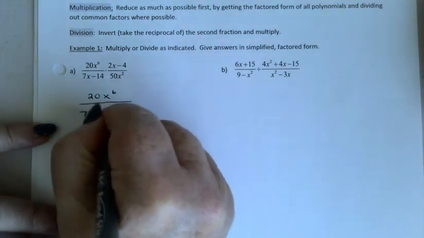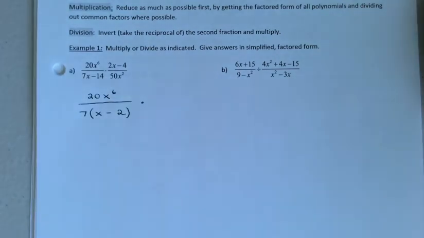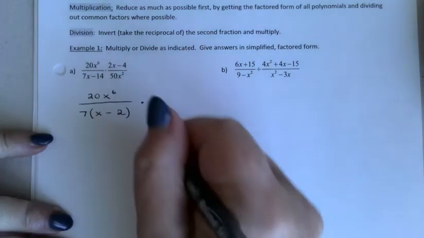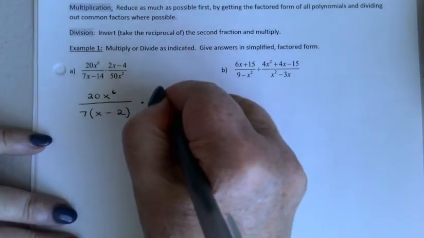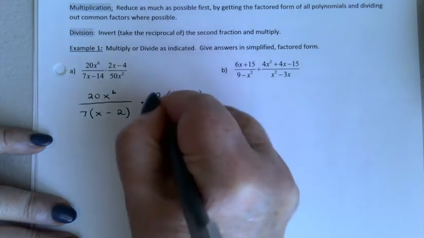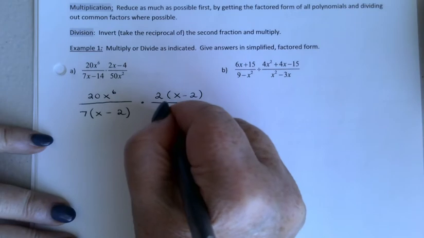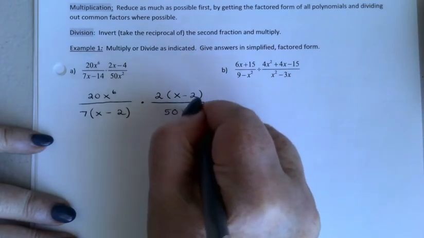That'll be 7 times x minus 2. In the second fraction, I can factor out a 2 from the numerator. So 2 times x minus 2. And then I'm going to leave that 50x squared the way it is in the denominator.